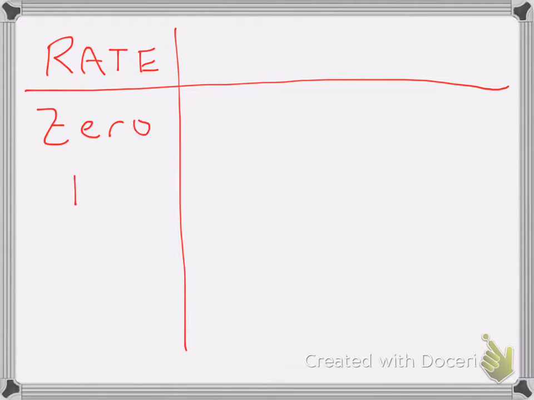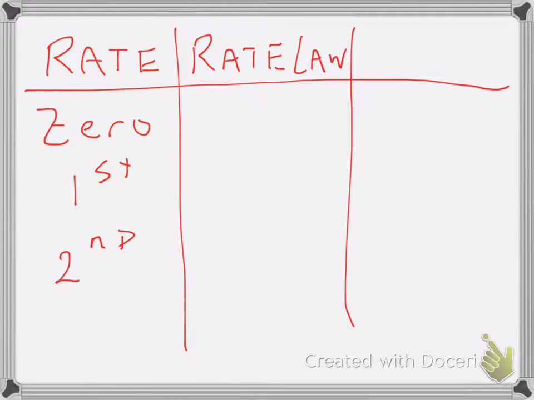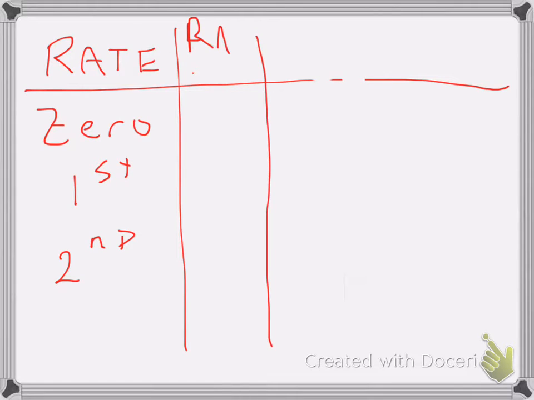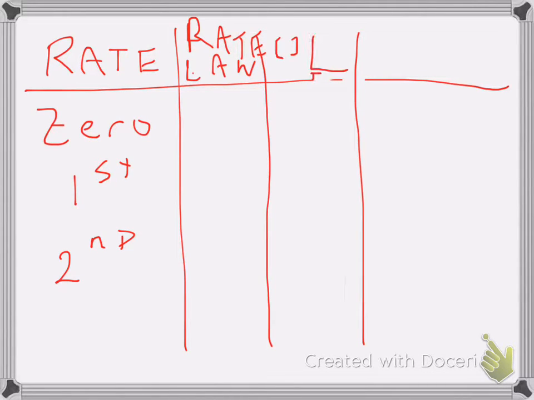Okay, so summarizing what you are going to be responsible for here: you have the zero order, the first order, and the second order. You're going to be responsible for the rate law, the concentration versus time graph, and of course the rate versus concentration graph.